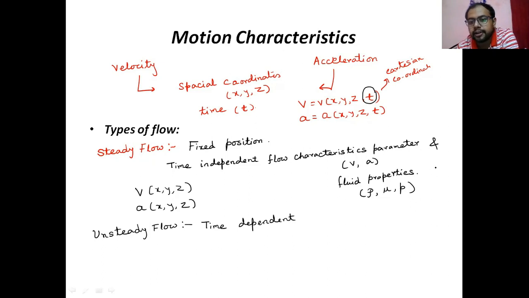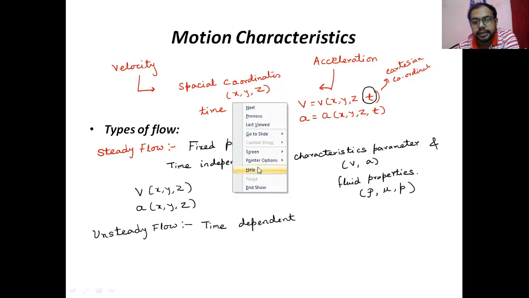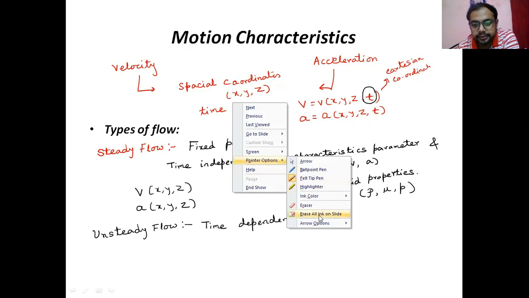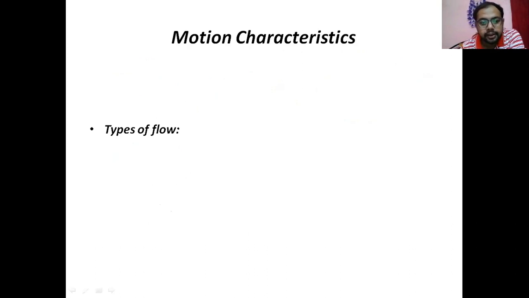So the same thing, flow characteristic parameter and fluid properties. This is the kind of steady flow and unsteady flow. Now the next type of flow that we will see is the uniform flow.